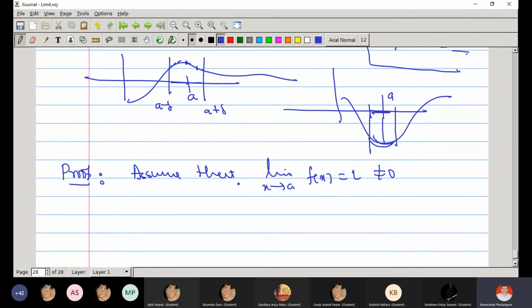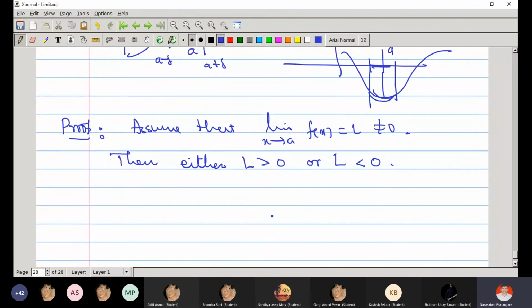Okay, so assume that L is non-zero, then what should be my next sentence? L is non-zero means what? Then either L is positive or negative.